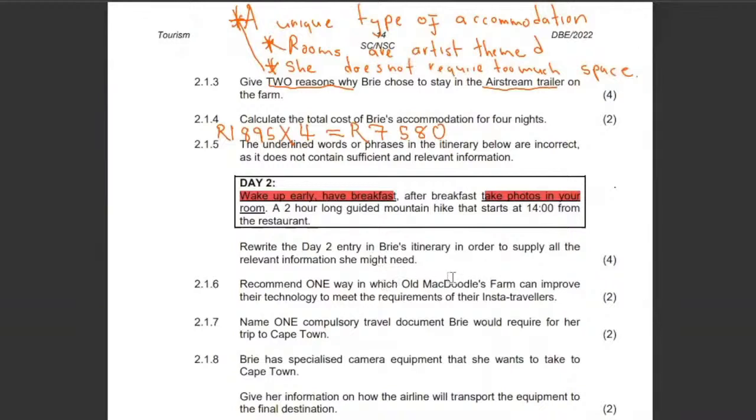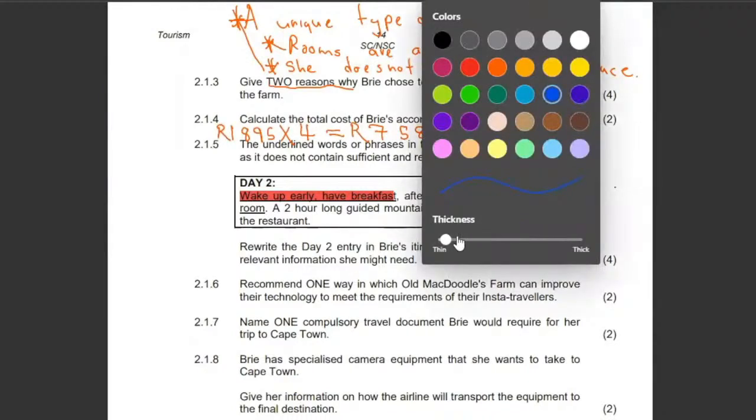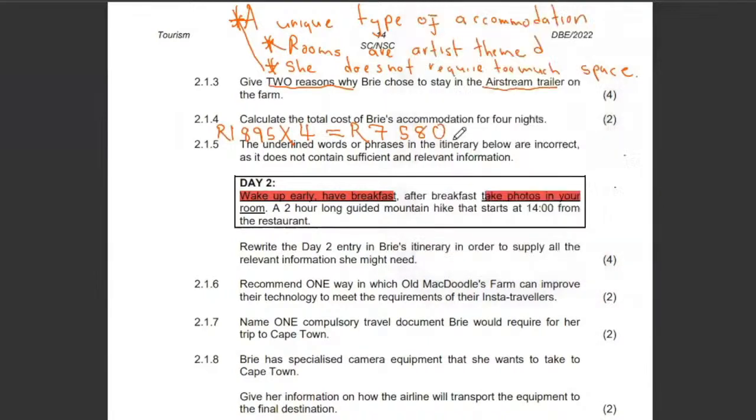Rewrite entry 2 in Bree's itinerary. We are going to rewrite entry 2 in the correct column. So wake up and have breakfast. We need a better way of explaining that.